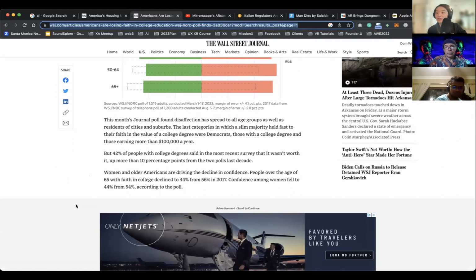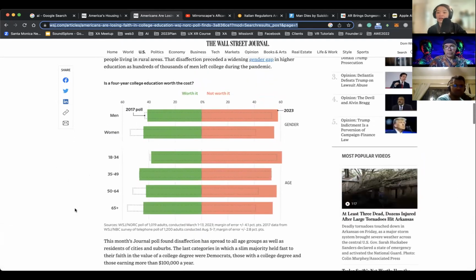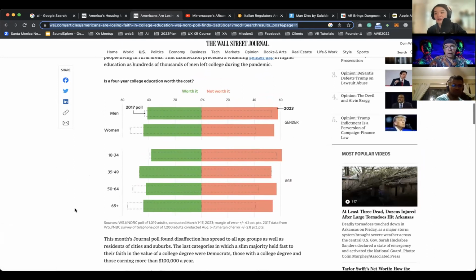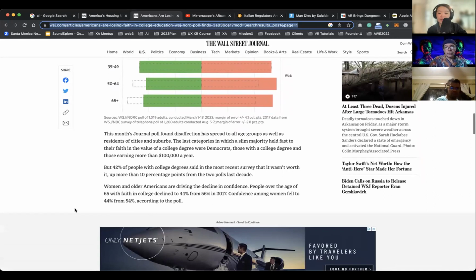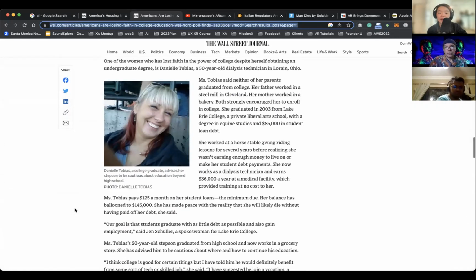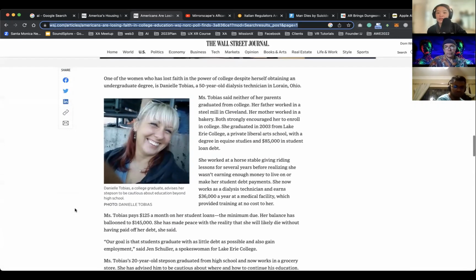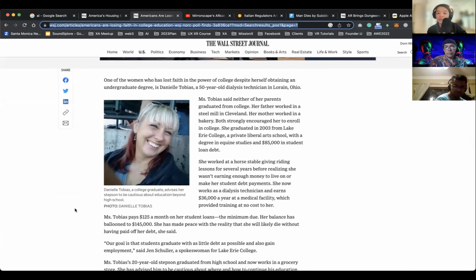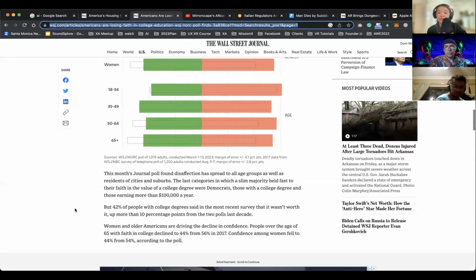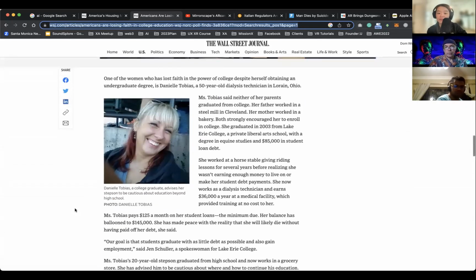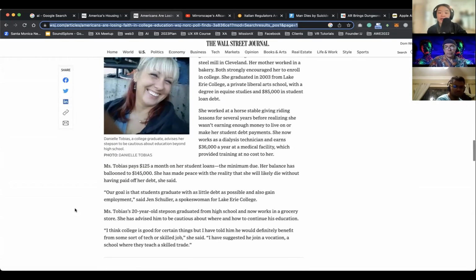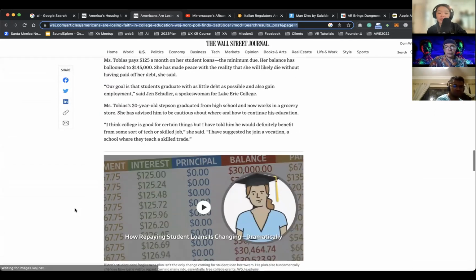Because after graduating, you still need to pay the debt, right? And what if you couldn't even pay off your debt? You spend so much money on tuition, but after you graduate, can you pay off your debt on time, or will you be stuck in college debt forever?